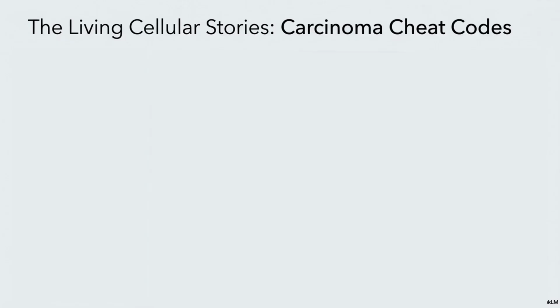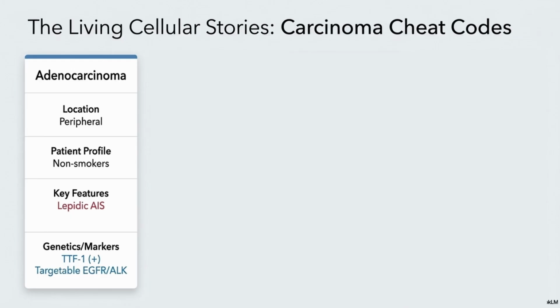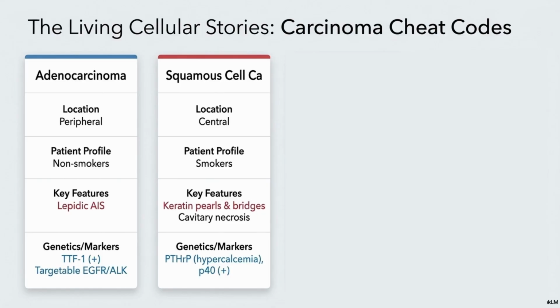The carcinoma cheat codes. Adenocarcinoma is peripheral, seen in non-smokers, features a lepidic AIS pattern, is TTF1 positive, and has targetable EGFR or ALK mutations. Squamous cell carcinoma is central, strictly in smokers, features keratin pearls, intercellular bridges, and cavitary necrosis, with PTHrP causing hypercalcemia and a positive p40.